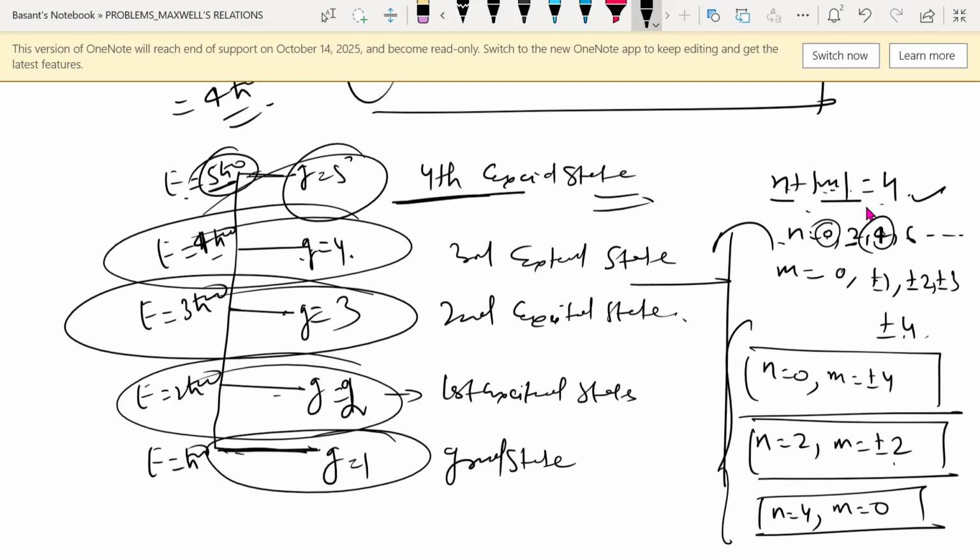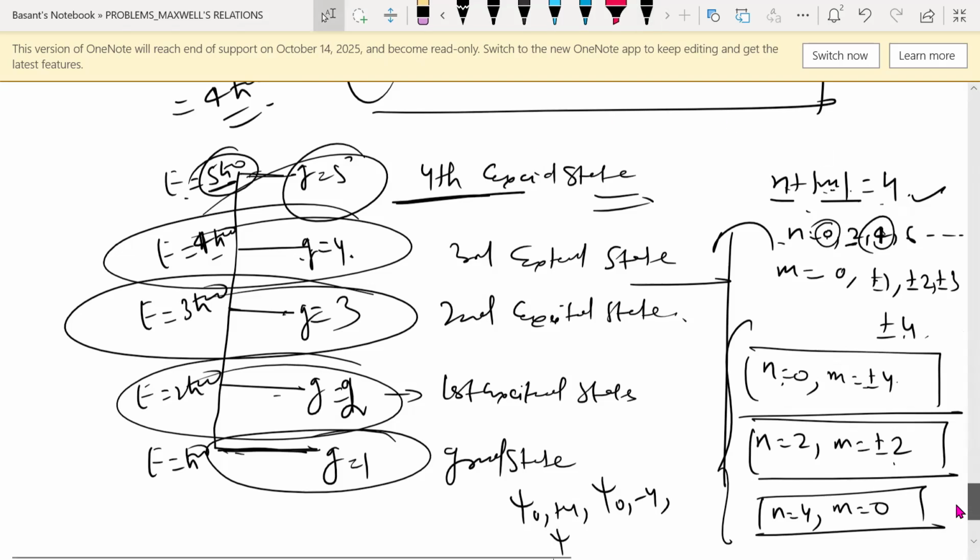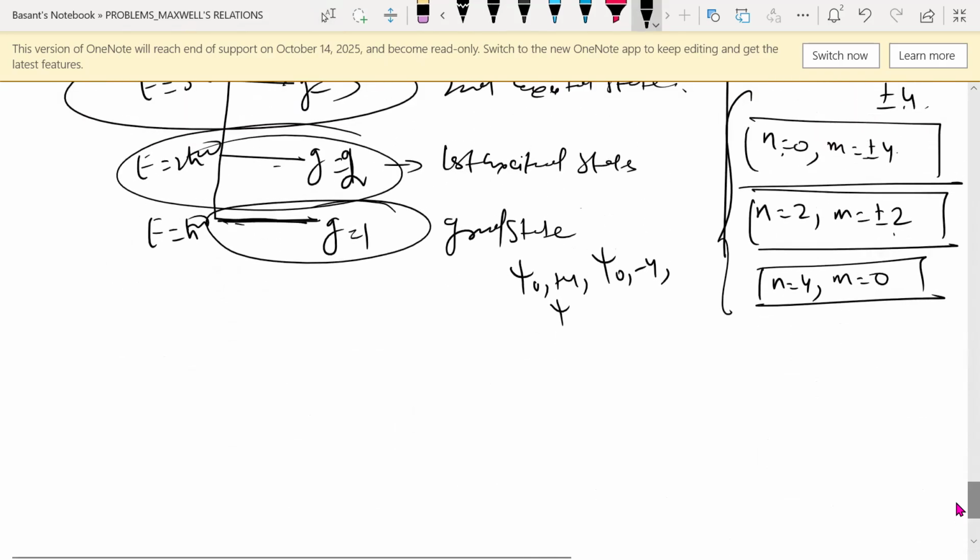So, here there are 5 degenerate states, and these are symbolized as psi 0 plus 4, psi 0 minus 4, psi 2 plus 2, psi 2 minus 2, and psi 4 0.